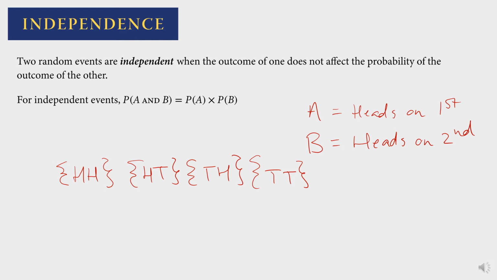The probability of getting heads twice is 1/4, and 1/4 equals 1/2 times 1/2, which is the probability of getting heads on the first flip times the probability of getting heads on the second flip. You can see that this satisfies our definition of independence.